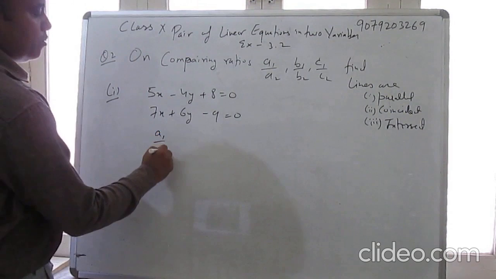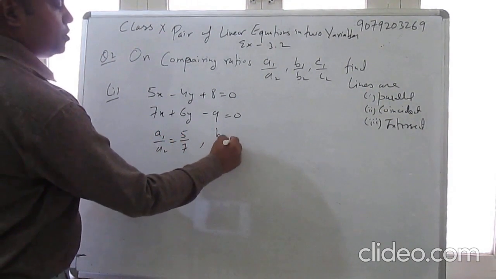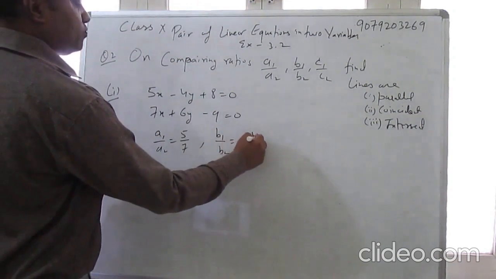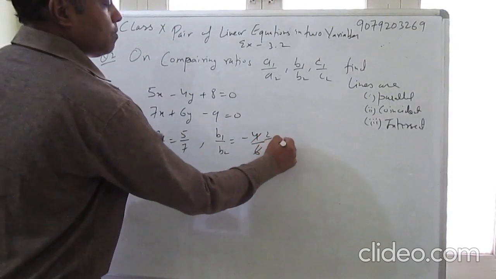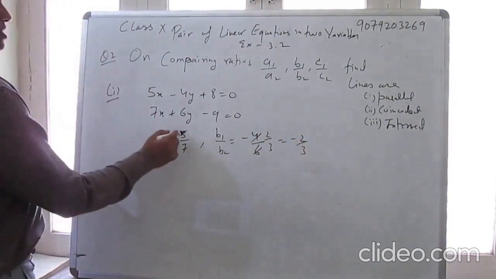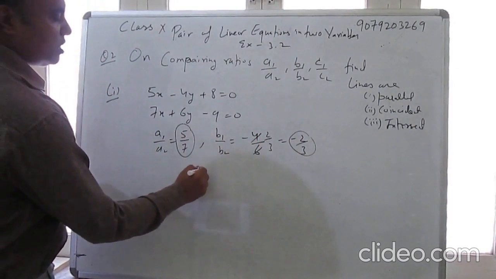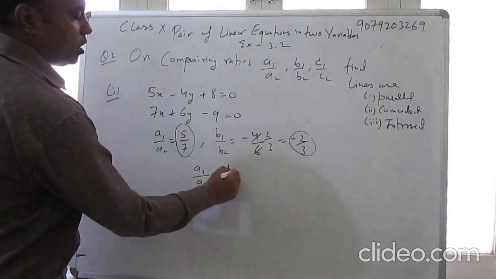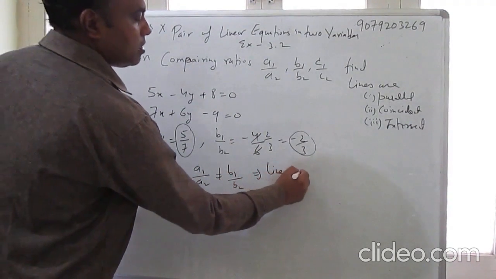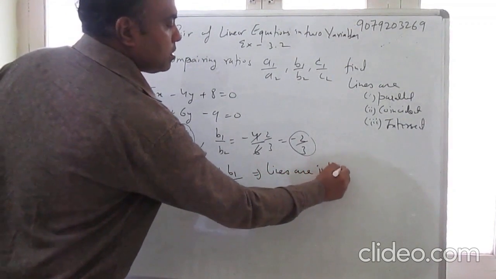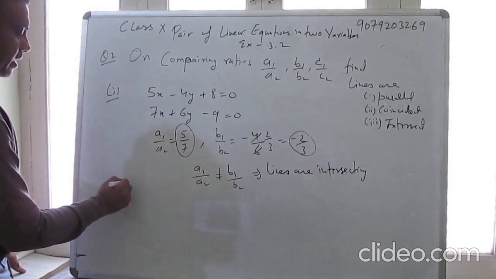A1 upon A2 is equal to 5 upon 7, B1 upon B2 is equal to minus 4 upon 6, which means minus 2 by 3. We see that 5 upon 7 and minus 2 upon 3 are not equal. So the condition is A1 upon A2 not equals to B1 upon B2. This implies the lines are intersecting. Now we will take the third part.